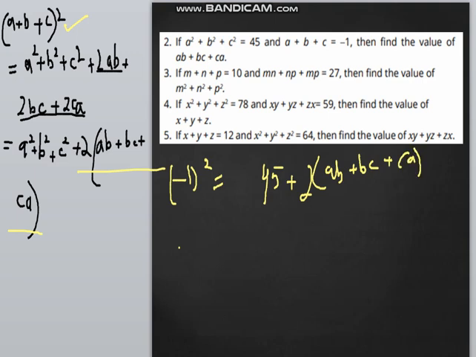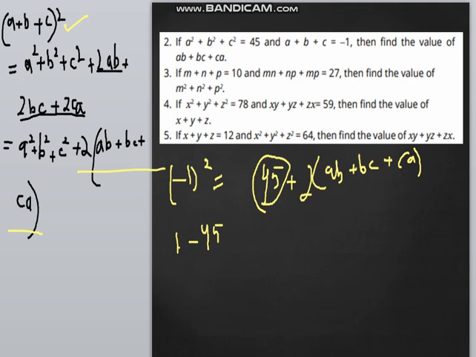Okay, so negative 1 squared makes 1, and 45 is in addition, so we're going to subtract 45 when we take it to the other side of the equation.